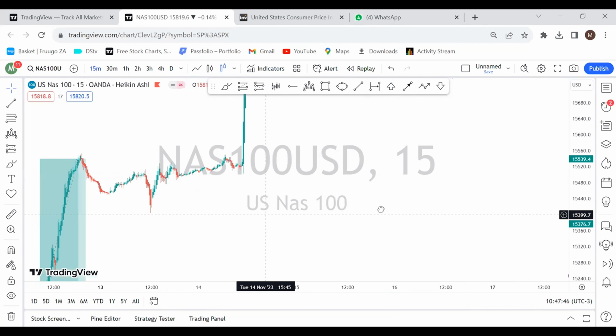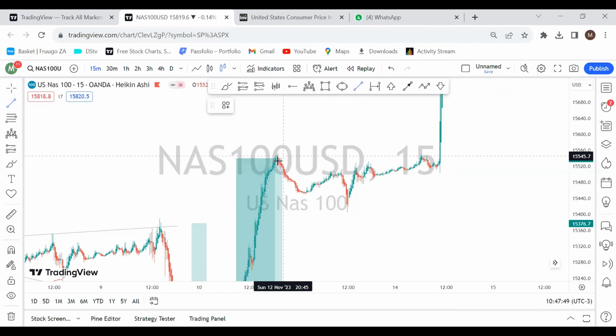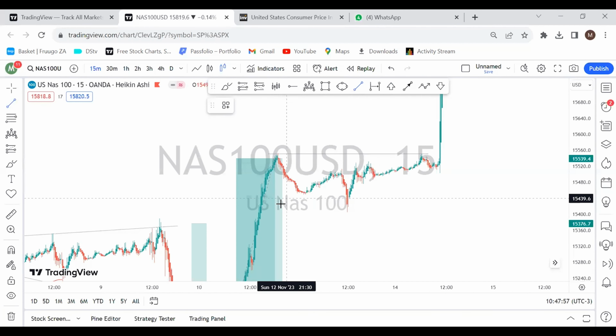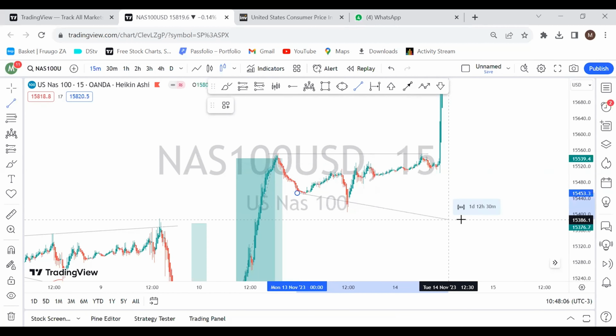So same thing with the structure, you can just figure out your resistance right there. But in the case of a buy, the resistance is not as important as the support. So you can see with this one, the levels of the support are not actually making sense.